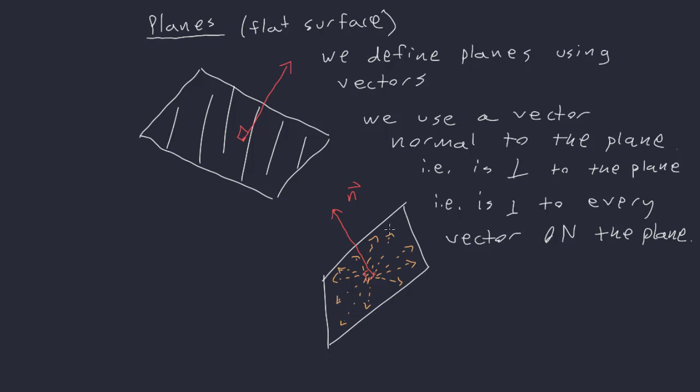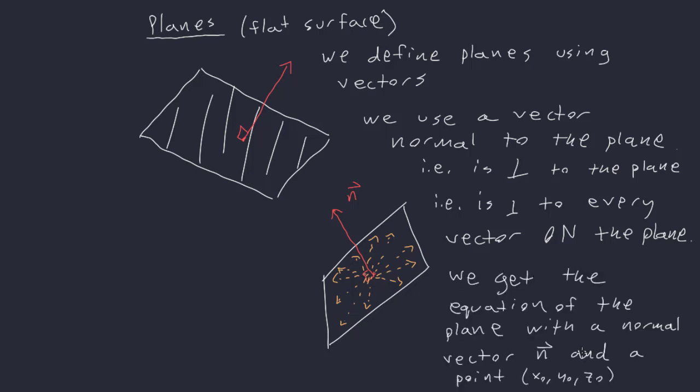So instead of defining it by the points it crosses through, where we would need 3 points, we get the equation of the plane with a normal vector N and just any point on the plane, x naught, y naught, z naught.